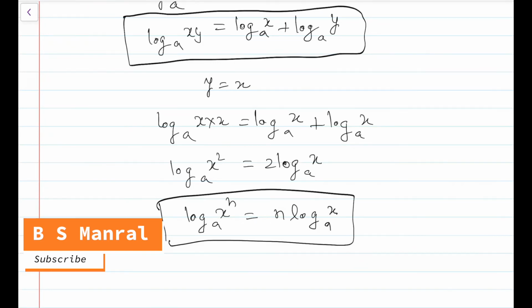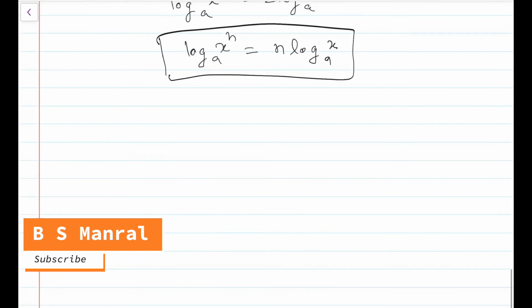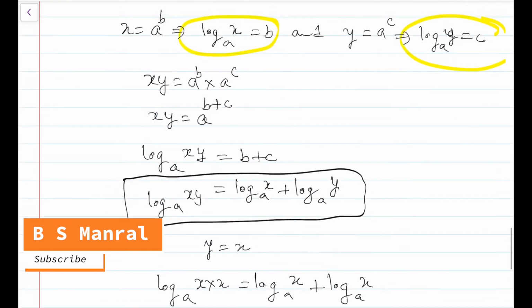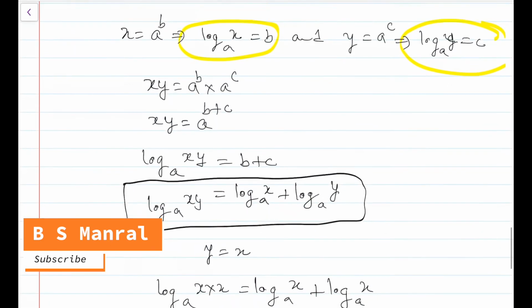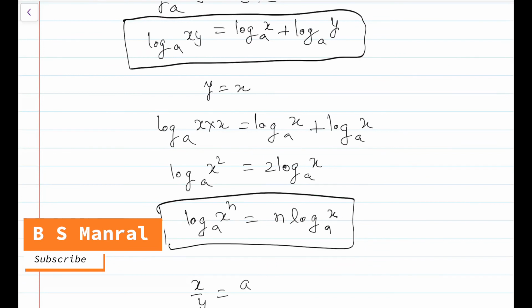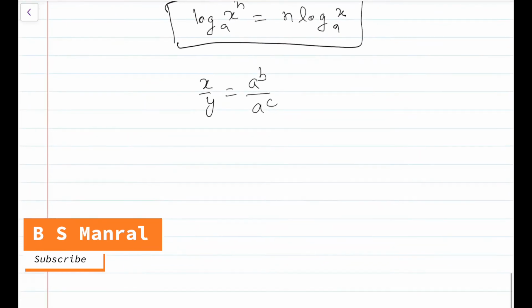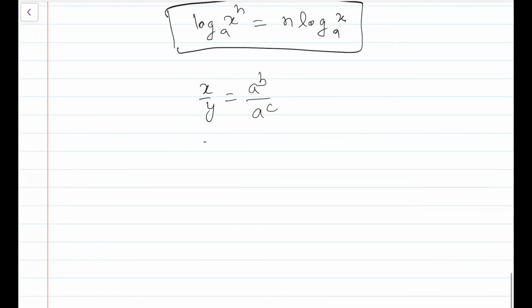One more property. Similarly, x divided by y. What is the value of x? X is a raised power b, and y is a raised power c. So x divided by y will be equal to a raised power b minus c.